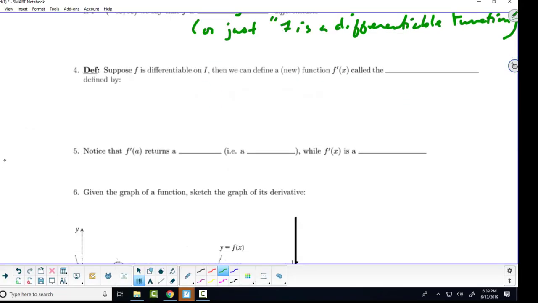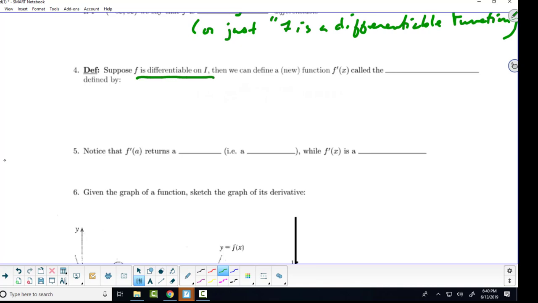So we're now shifting gears. We've been talking about derivatives pointwise. What does it mean to be differentiable at a point? We're now going to say, given a function that's differentiable, how do we compute its derivative? That's what we want to talk about. So suppose f is differentiable on an interval.